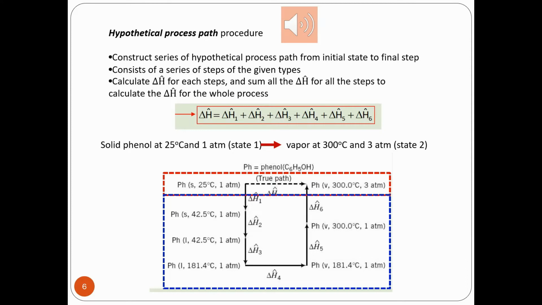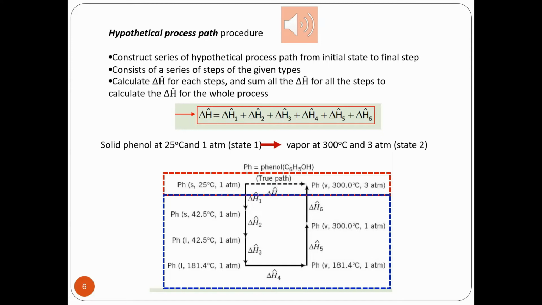You can see there are changes: not only in phase from solid to vapor, but also a change in temperature and a change in pressure. Also, this is phenol, so you can't easily determine it directly from the enthalpy table.